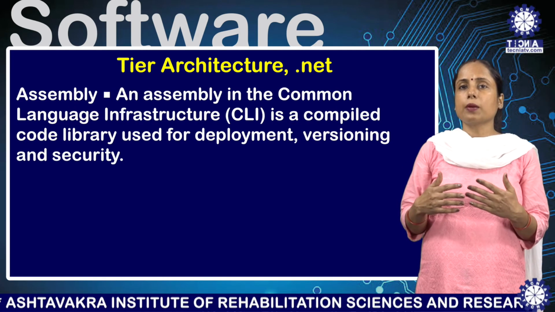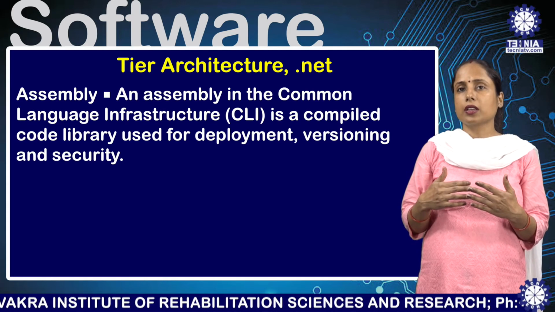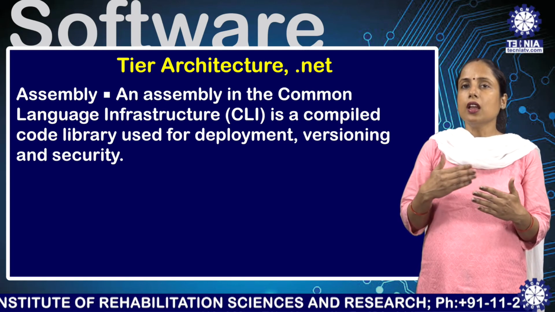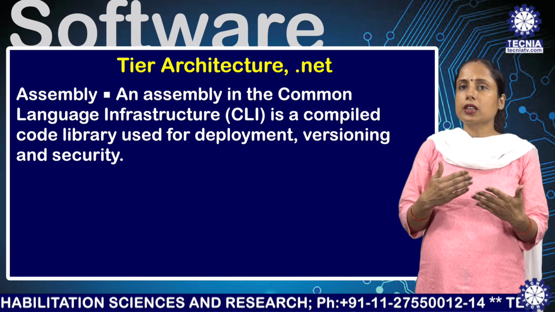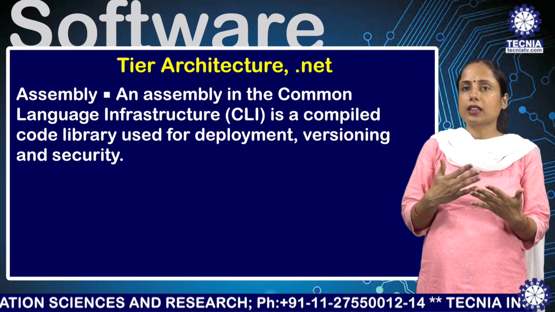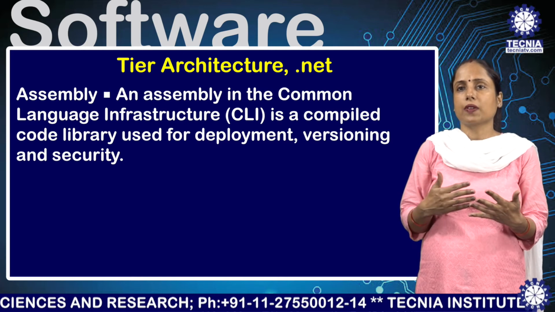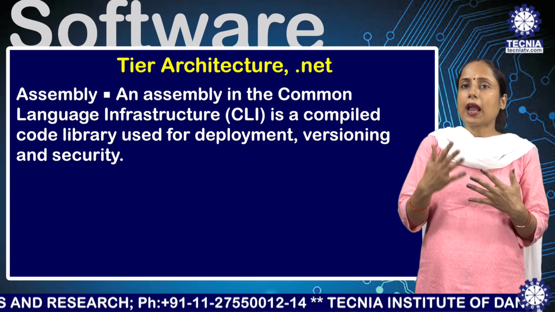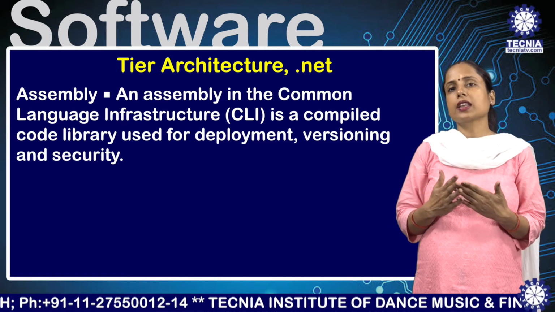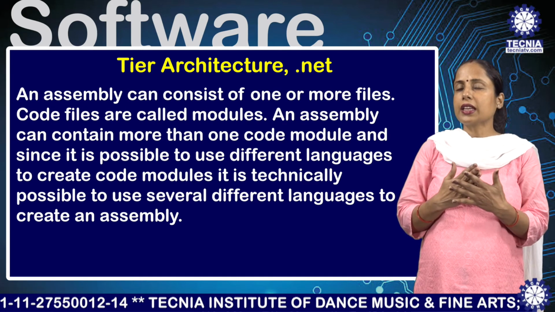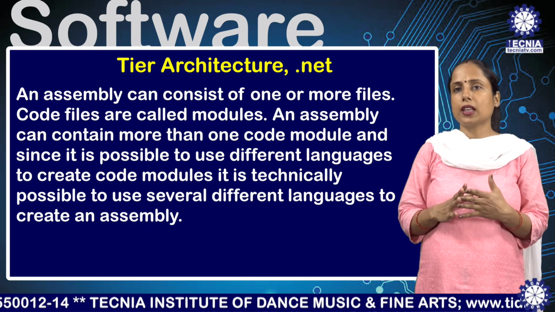Now another important part of the .NET framework, or you can say a .NET application, is the assembly. Assembly is actually the common language infrastructure. It is a compiled code library used for deployment, versioning and security. An assembly can consist of one or more files.